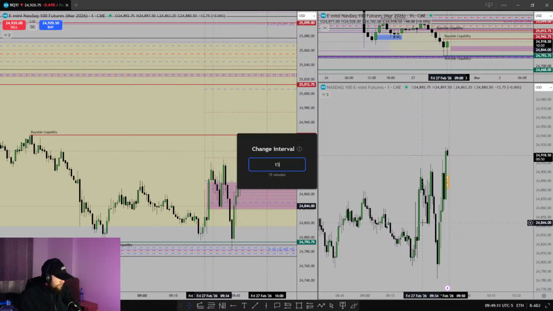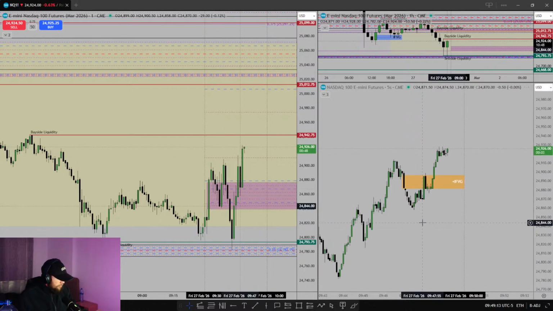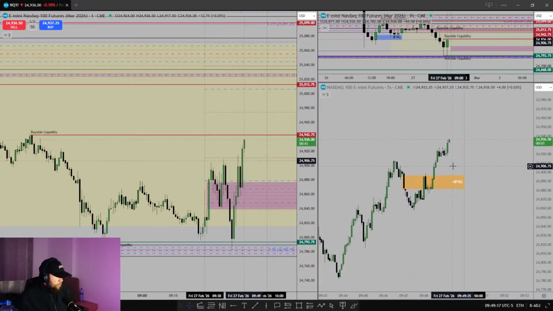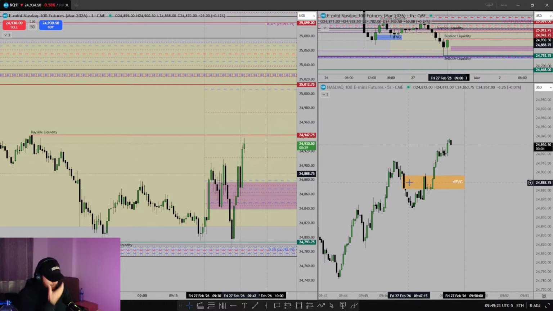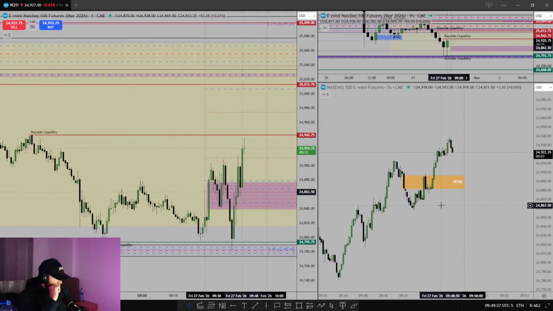If you look, that inversion fair value gap from the 5 seconds is within the 1 minute order block. All right, so it leaves the engineered highs here right before the macro.